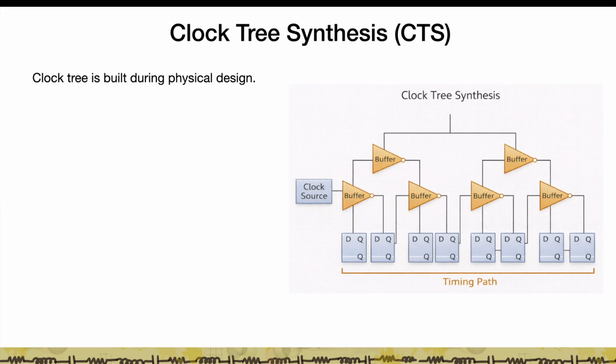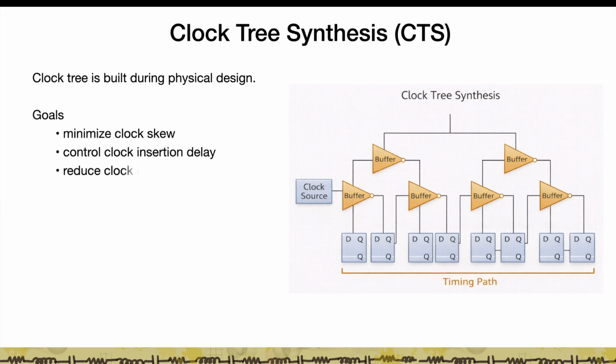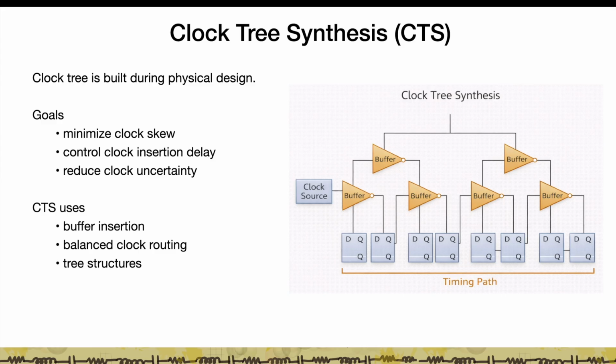So how does the clock tree actually get built? That's the job of clock tree synthesis, CTS, a dedicated stage in the physical design flow. CTS takes the placed netlist and constructs the clock distribution network.